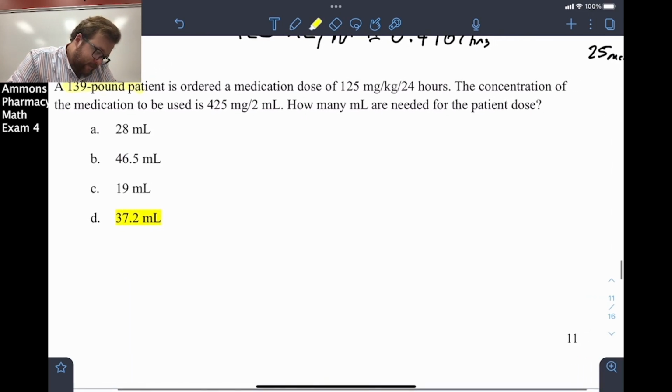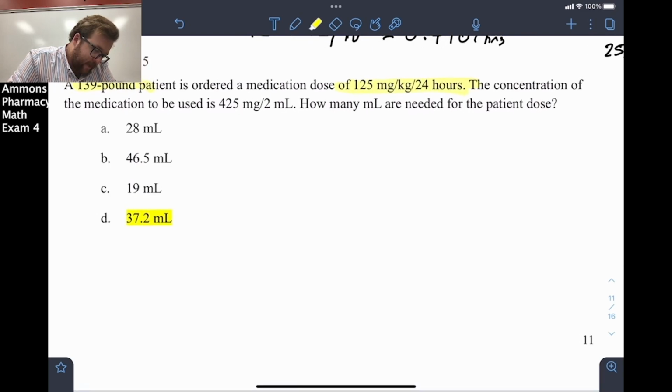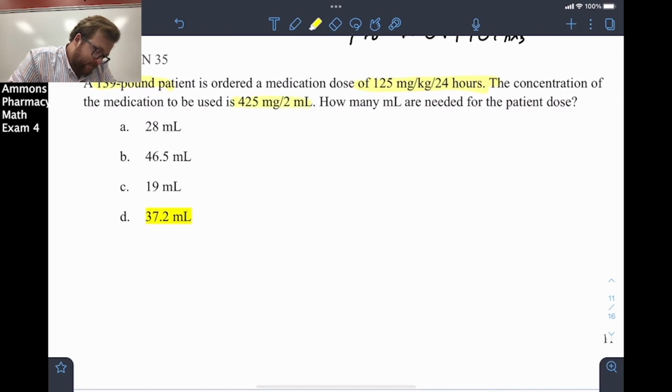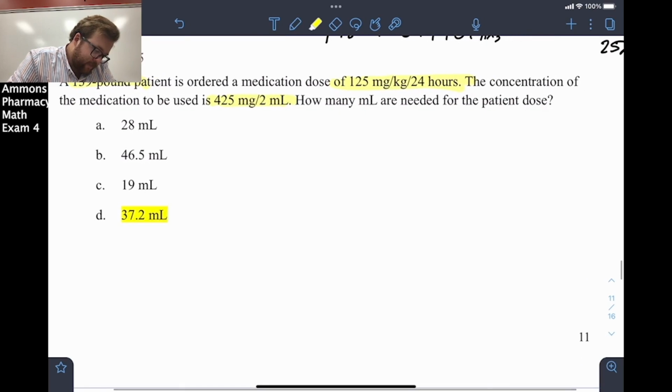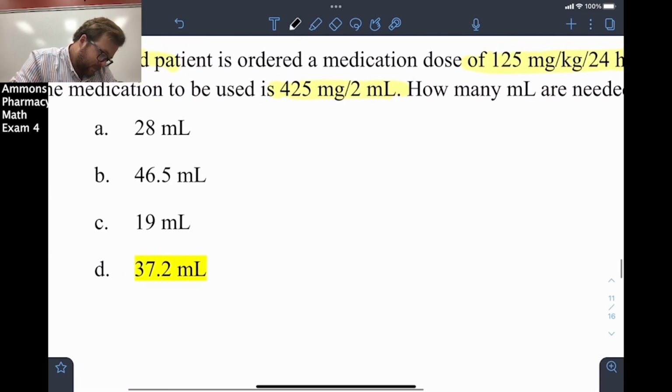139-pound patient, medication dose of 125 milligrams per kilogram per 24 hours. Concentration is 425 per 2. How many mils are needed? 139.